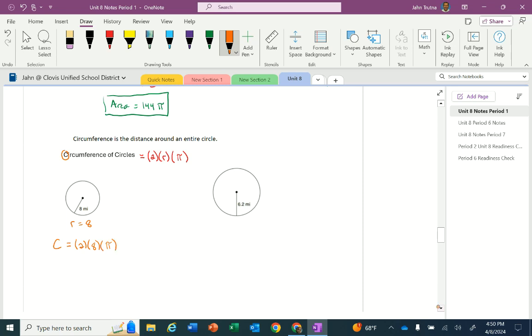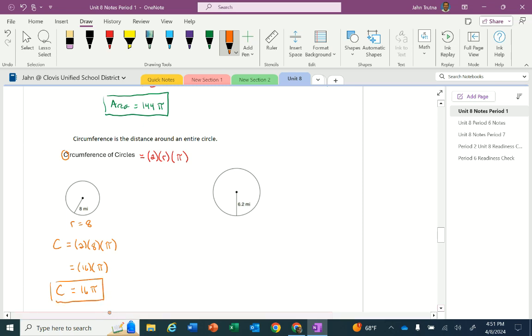Okay? And when I multiply this out, do not multiply 3.14 for pi. Leave pi as pi. 2 times 8 is 16, which means my circumference of this circle would be represented with pi in the answer. So the circumference is 16 pi.